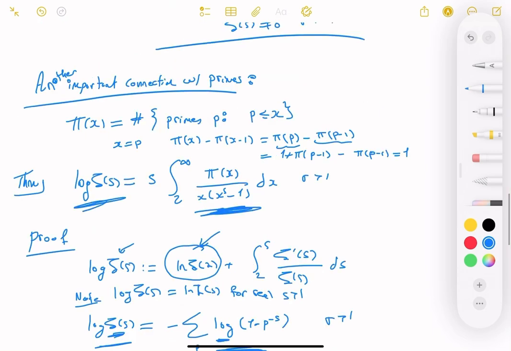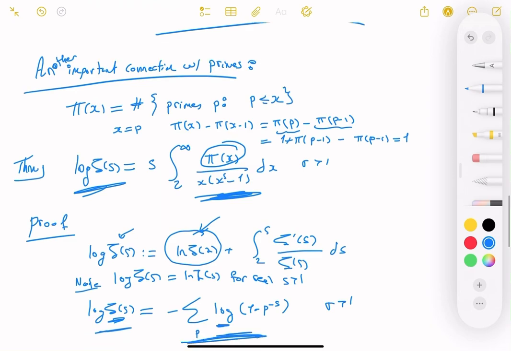It relates log zeta to the number of primes up to x in this rather surprising identity.